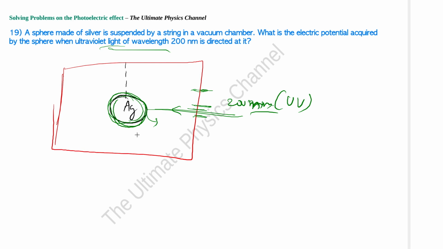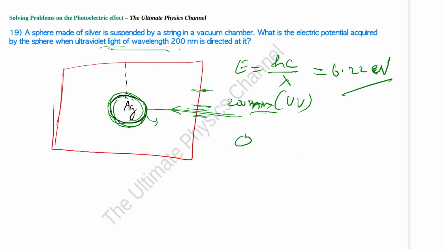So we can calculate the energy of the incident photon using the expression hc over lambda for the given lambda of 200 nanometers. If we do that, we will get about 6.22 eV. That's the first stage, right? That is 6.22 eV.